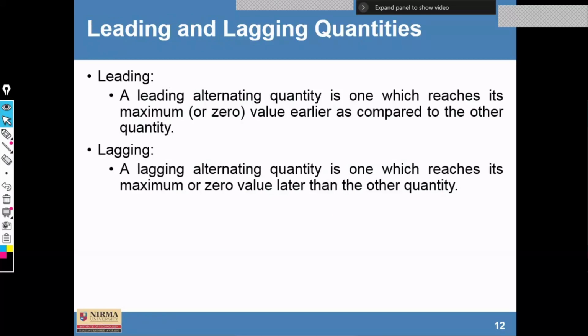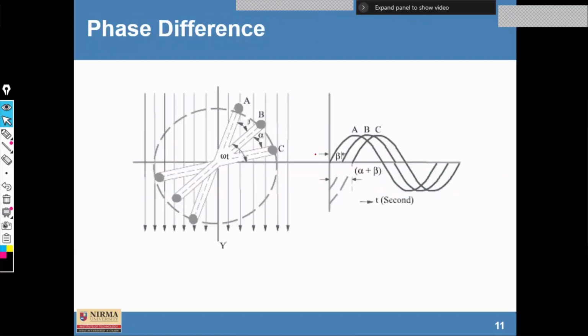A leading alternating quantity is one which reaches its maximum or zero value earlier as compared to the other quantity. Here in this case, there are three different cases. This reaches the zero position first, then this reaches zero, then this reaches zero. So the first maximum is attained by this, then this, then this.